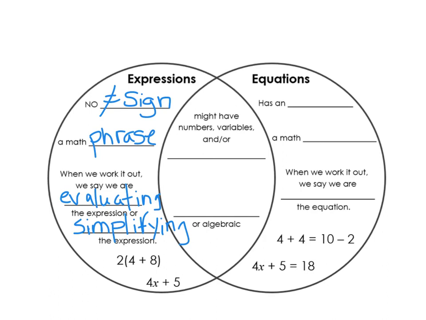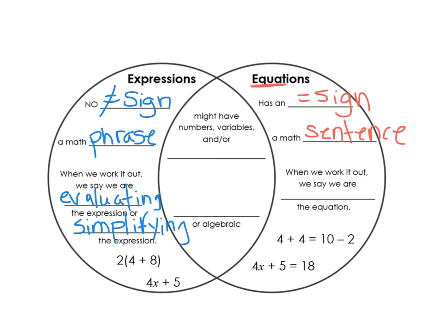Okay, now let's talk about equations. Equations almost spells out the word equal, almost, right? So an equation does have an equal sign. And this is like a math sentence. It's like a complete thought. There's only one value for the variable here whenever we're solving, okay?